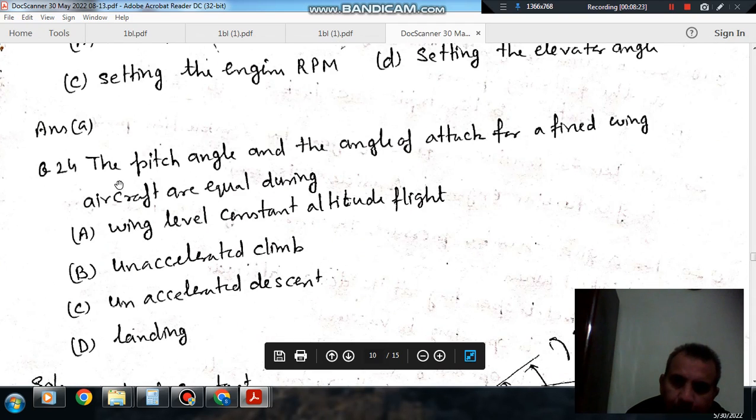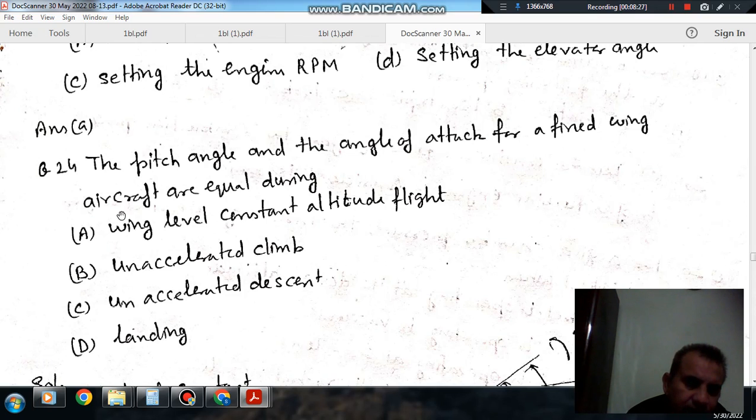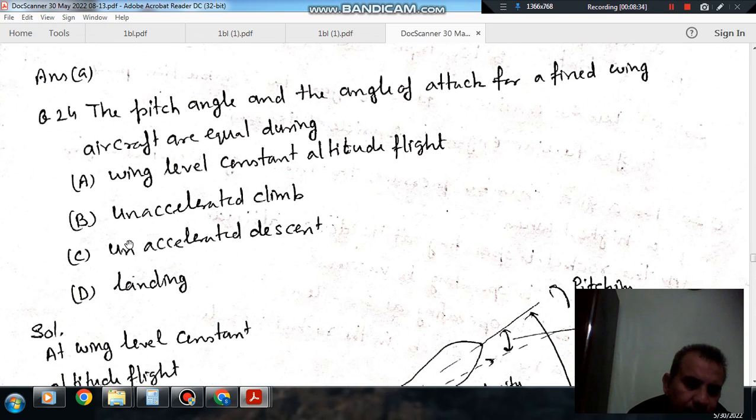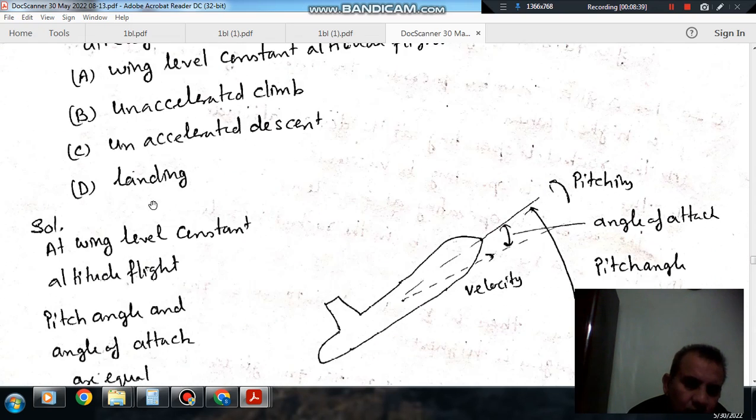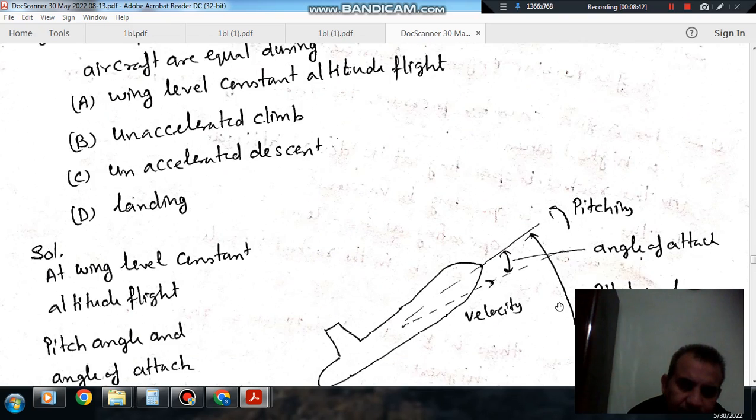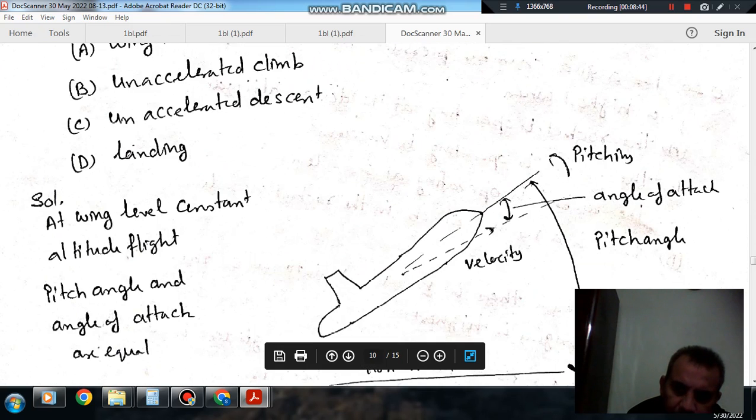Next, the pitch angle and the angle of attack for a fixed wing aircraft are equal during option A, wing level constant altitude flight, option B unaccelerated climb, option C unaccelerated descent, option D landing. So during the steady level flight, this is the pitch angle. Pitching means when we roll the aeroplane.